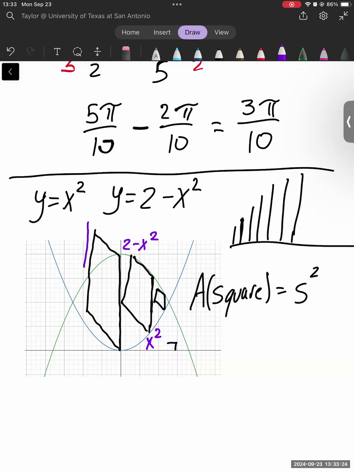And you see that we hit 2 minus x squared, and then x squared, right? So it would be a pretty similar situation to top minus bottom, only in this case, the difference in these two gives me this side length here. That kind of makes sense?